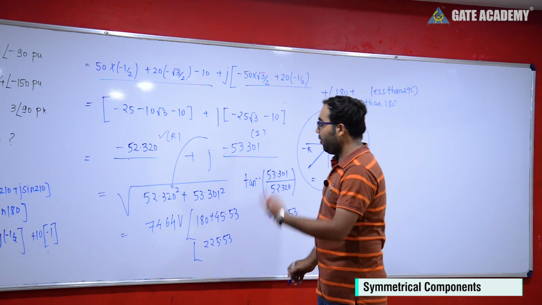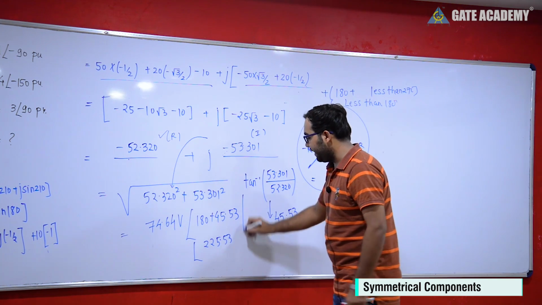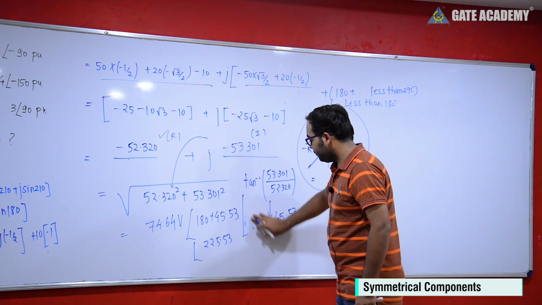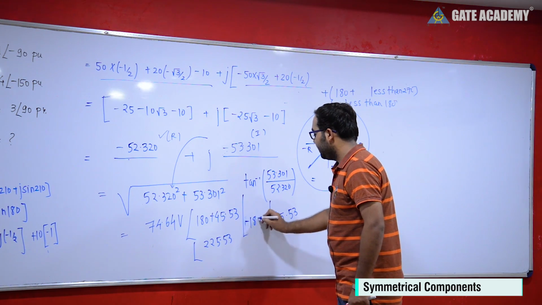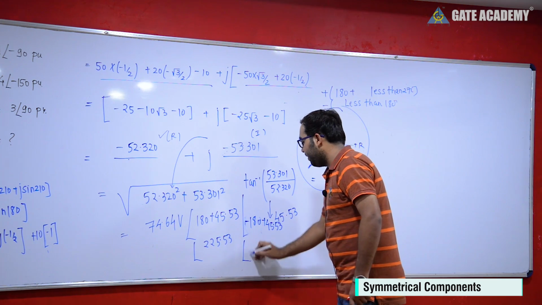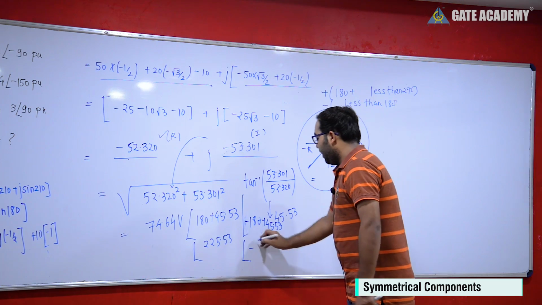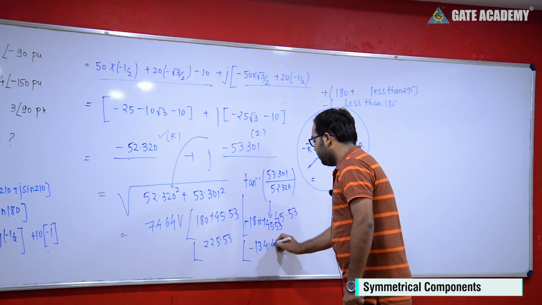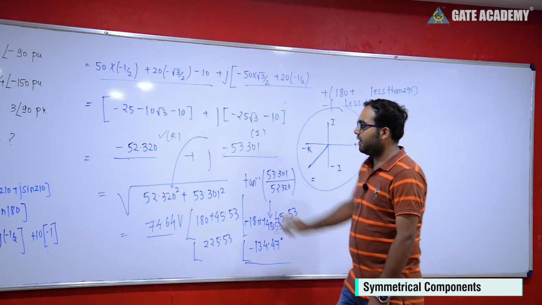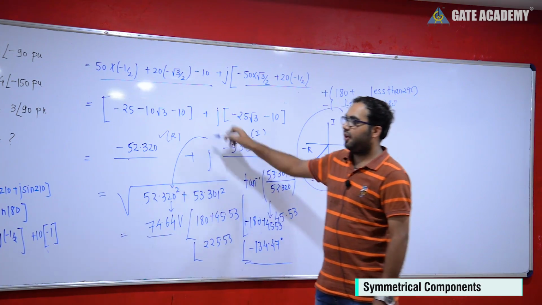If we want to write in terms of negative, the second option will be 180 minus 45.53. So the angle will be around 134.47 degrees. So this is the answer if you want to find it exactly, but in the question only magnitude is required, so magnitude you can manage.